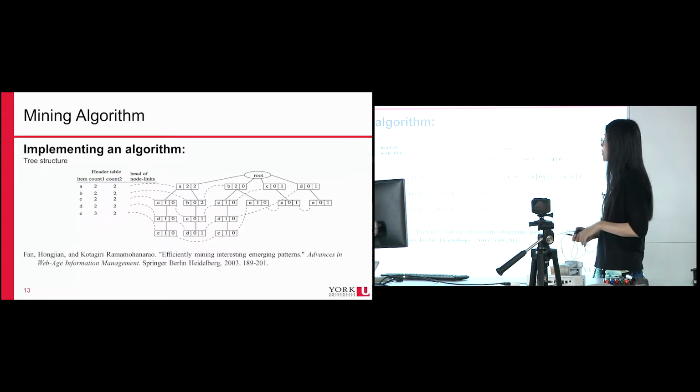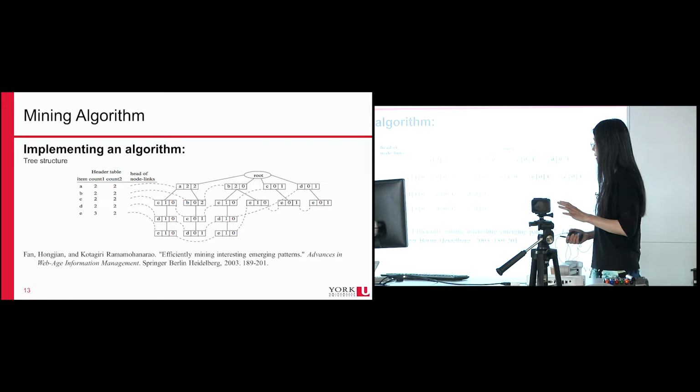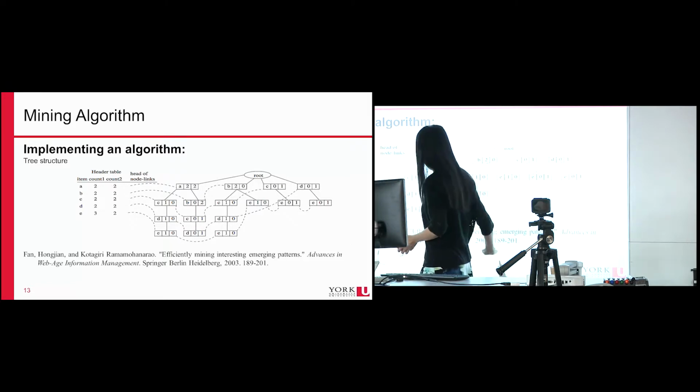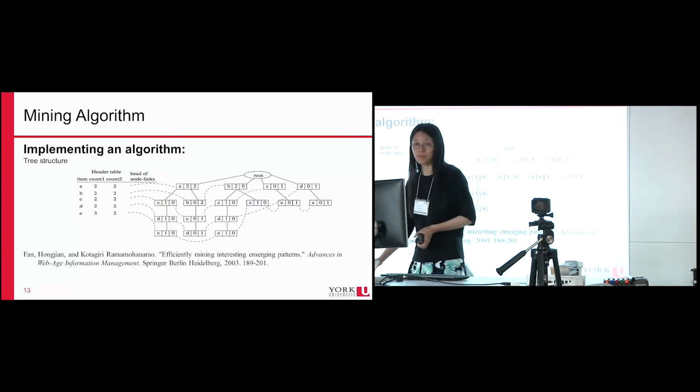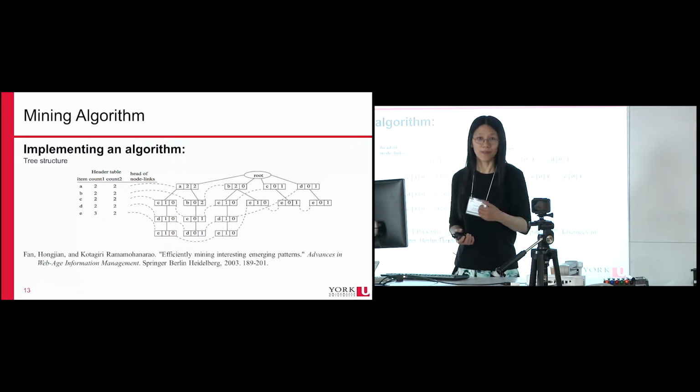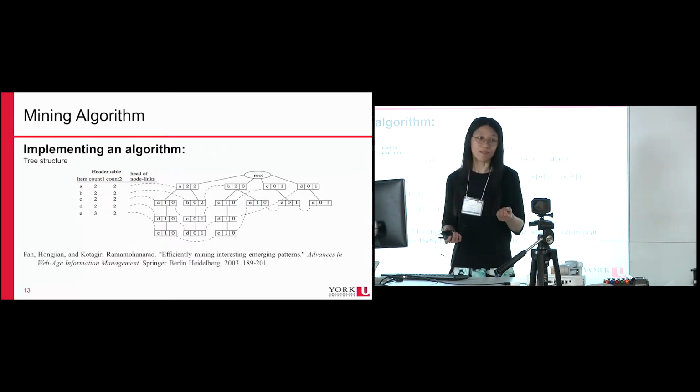The algorithm that we use to find the contrast patterns is based on the algorithm published in this paper. The contrast pattern is defined quite simply, but finding the set of all contrast patterns is not that simple.